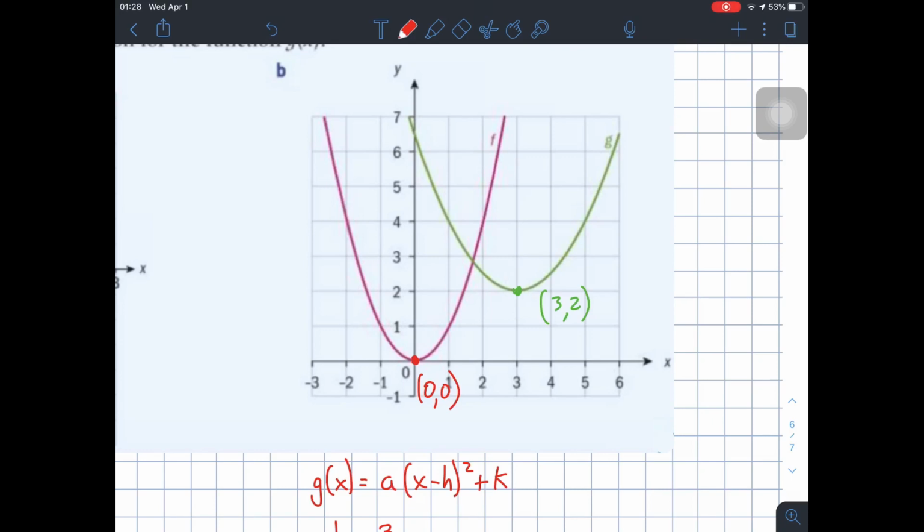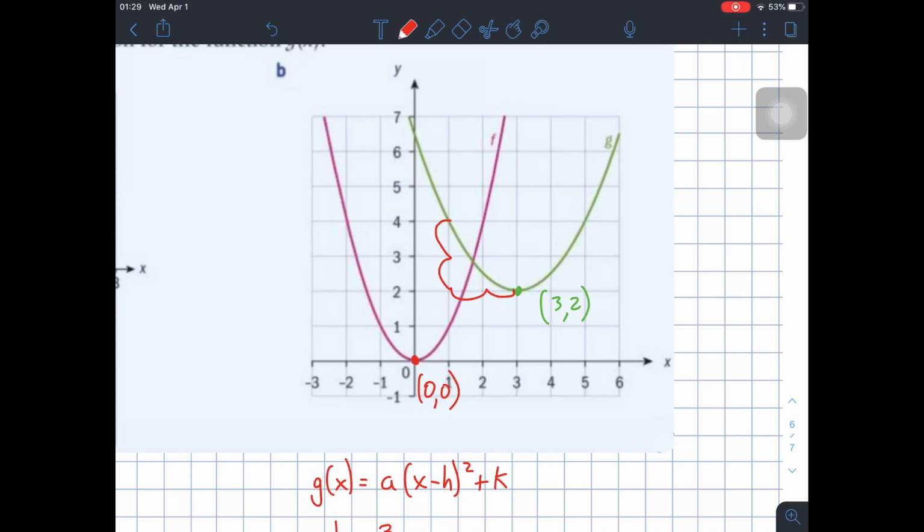So what do I see? For example, if I observe the green parabola, I would see that if I start from the vertex and I go 2 units to the right, or to the left, doesn't matter, we see that this function goes up 2 units, right?